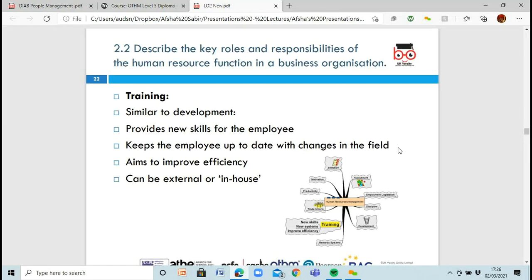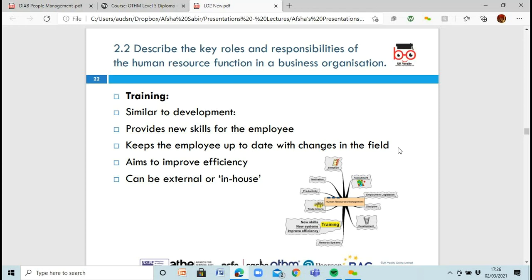Training. So again, similar to development, like I was just saying, it helps to gain new skills. So you've got a new program or software that you've started using at work. You're going to get the training on it. You're not just going to say, oh, you're going to be using this new system today, get on with it. You will get training for that. It helps to keep up to date, and so it helps you to stay competitive as well.